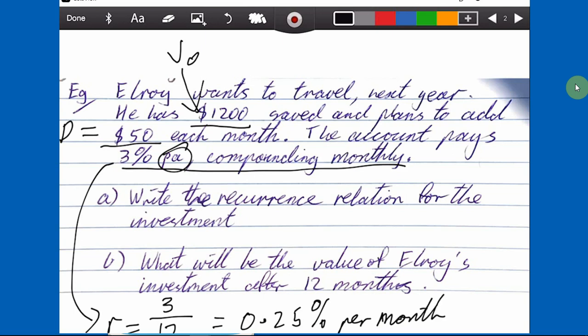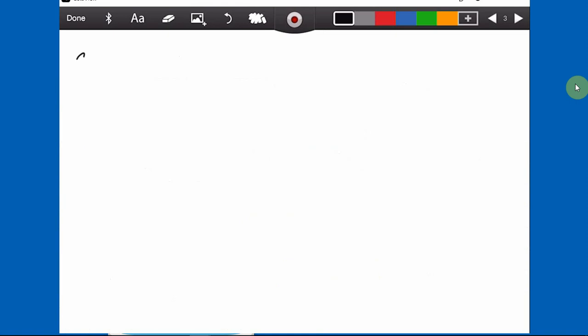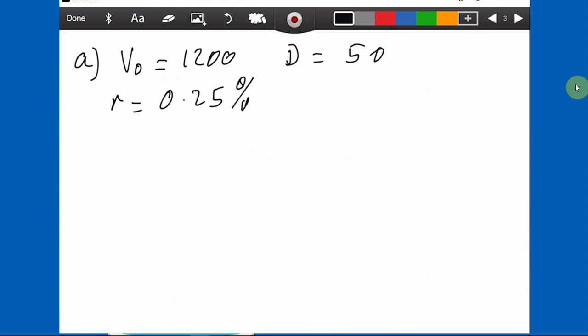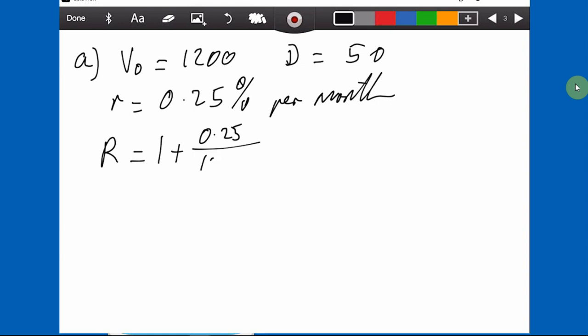All right, so let's have a look at some calculations using that information. The first bit, part A, we wanted to know what is the recurrence relation. So it's V naught. We know that's 1200. We know his deposit's 50. We know little r, we figured that out to be 0.25% per month. And so big R then, 1 plus little r, 0.25 on 100.